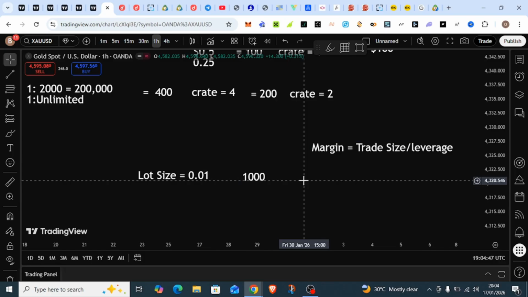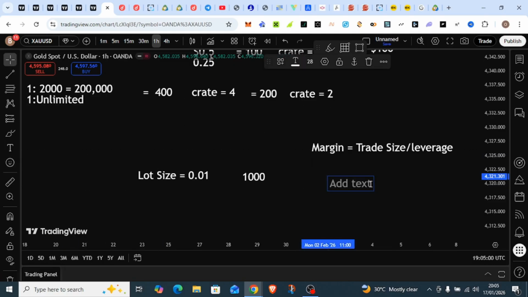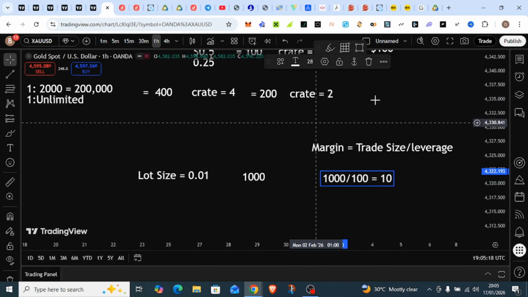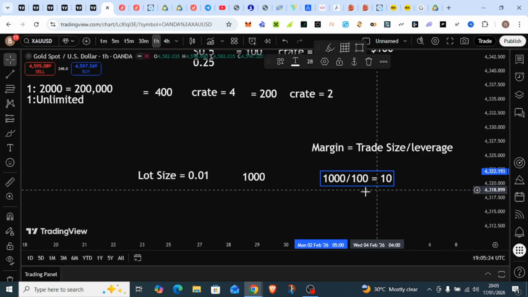Type it on your calculator: 1000 divided by 100. We just need about $10 to place the trade. You can use a higher leverage if you want. 1000 divided by 100 will give us $10 margin. So we use $10 from the $100 account to place this position with a lot size of 0.01.